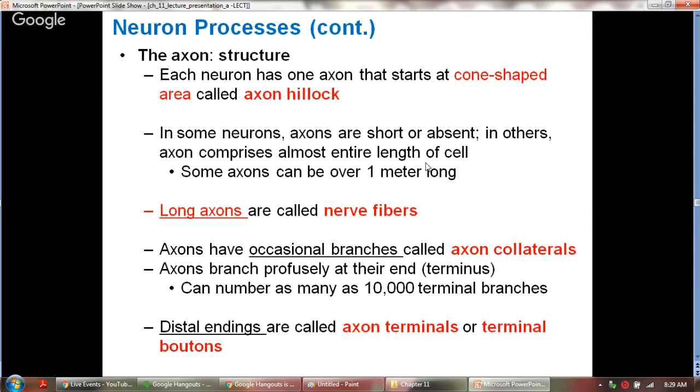So long axons are called nerve fibers, and axons have occasional branches called axon collaterals, and at the end, the axons branch profusely, and it could range from 1,000 to 10,000 terminal branches. So the distal ends are called axon terminals or terminal buttons.